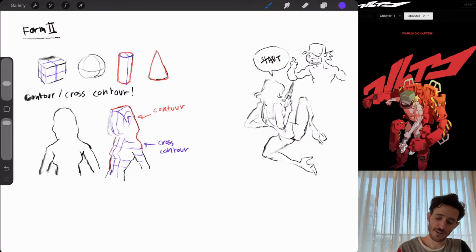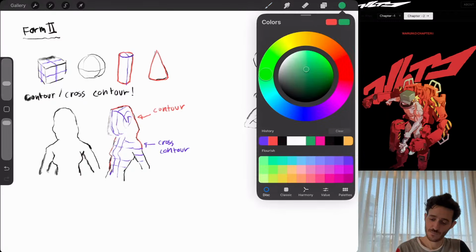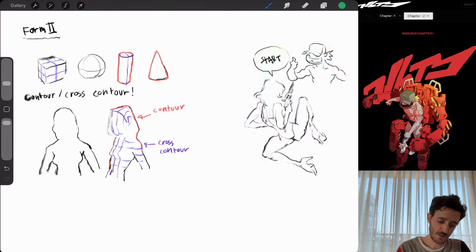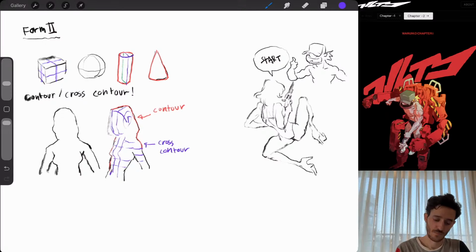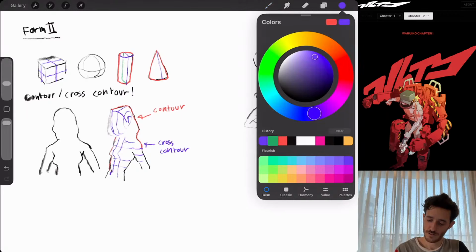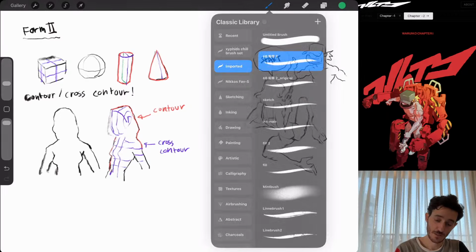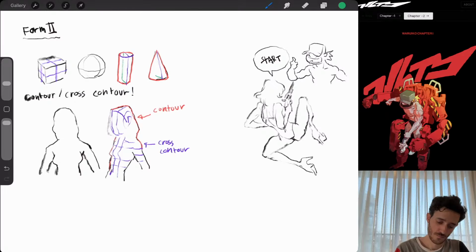And you can keep adding them even inside of your primitive like this. How would a cross contour work on the cone here? Like so. And if we extend it into the inside, we would get this.